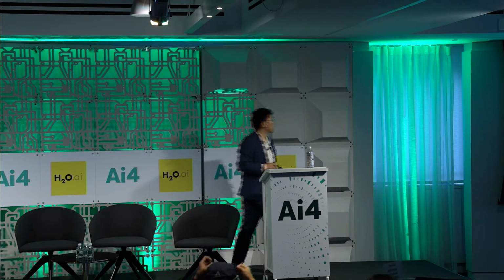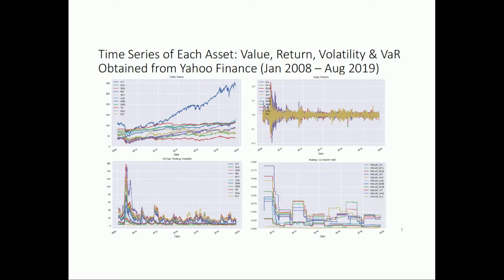So let's look at the data. Here in the upper left, we have the time series of the 11 assets. If we calculate the real return, we can see that return is pretty crazy in the crisis, and it comes down after that. If we look at the distribution, probably there's a fat tail.